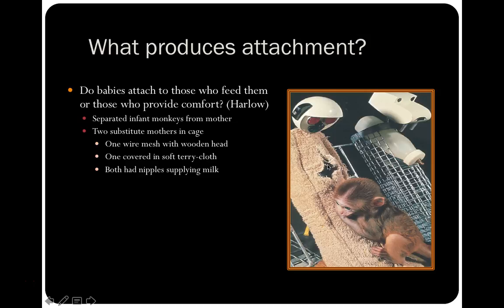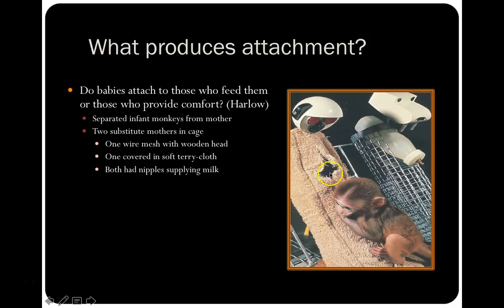And so what Harlow observed was, when the monkey was under stress, when they were nervous, when they were scared, when they were tired, where would they gravitate? They would gravitate toward and cuddle with the one with the soft terry cloth blankety cover.